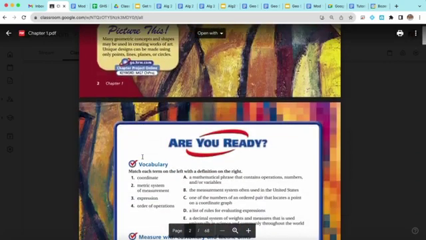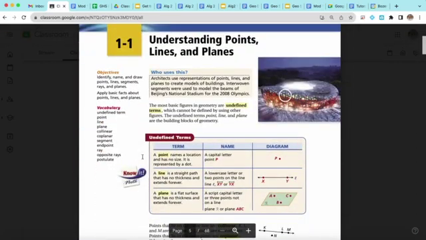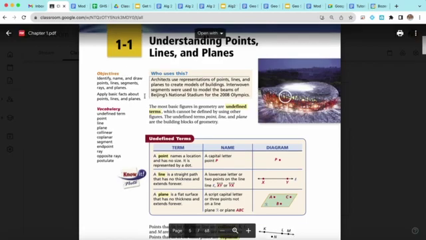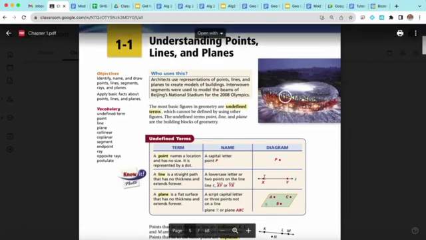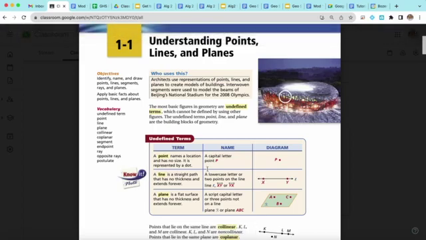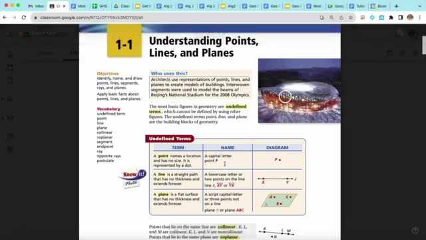So I'm just going to scroll until I see 1.1 at the top. There it is. So all the vocabulary is either going to be highlighted or it will be in one of these tables that are kind of beige in color. So you can see there's point, line, and plane right there. Name is also, remember, another word for notation.